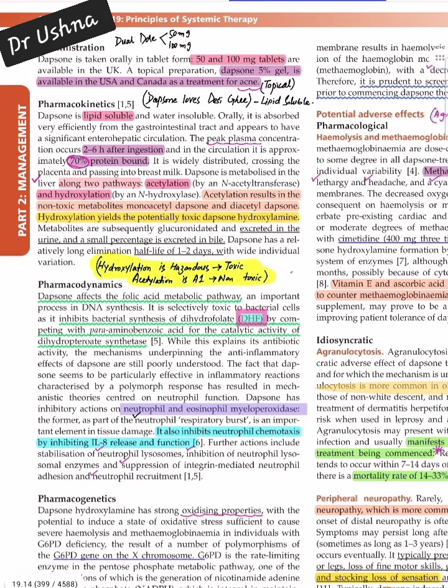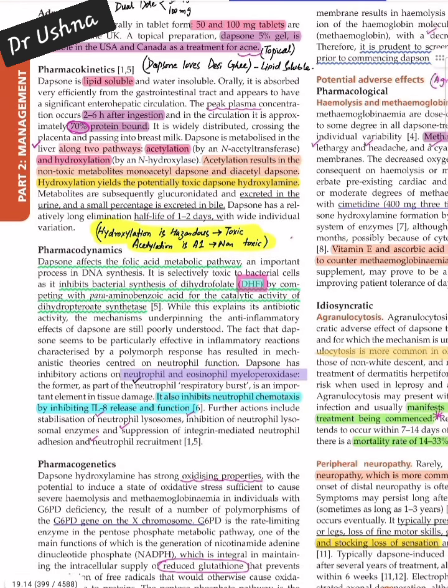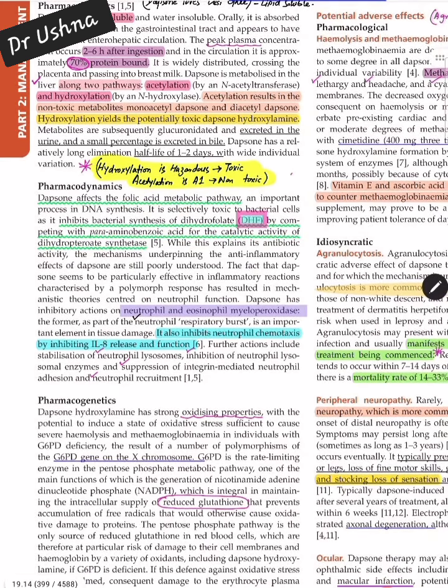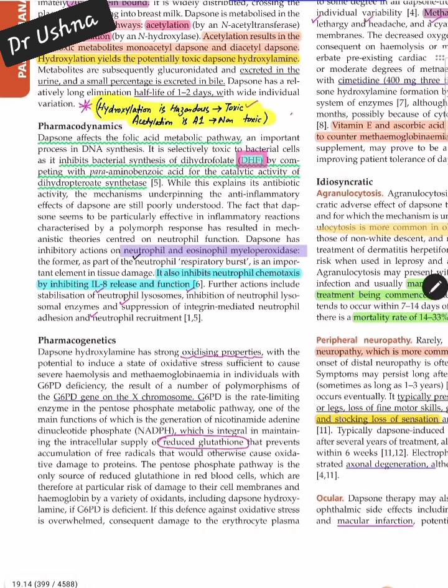Acetylation is your A1 pathway. It produces non-toxic metabolites, while hydroxylation is the hazardous pathway. It produces toxic metabolites. This is important for the dapsone metabolites. Acetylation produces acetyl dapsone in the form of monoacetyl dapsone and diacetyl dapsone, while hydroxylation produces hydroxylamine, which is definitely toxic. So this was all about the pharmacokinetics.